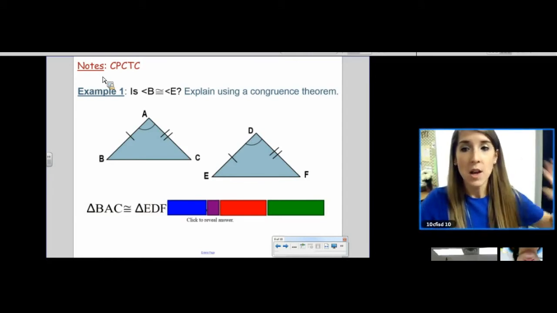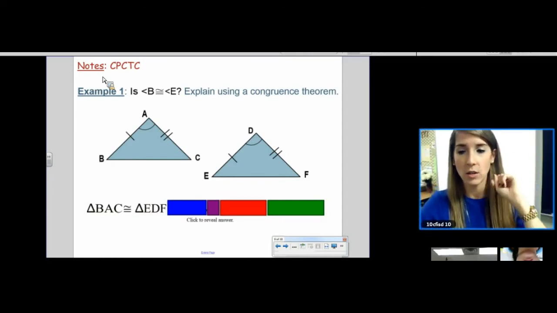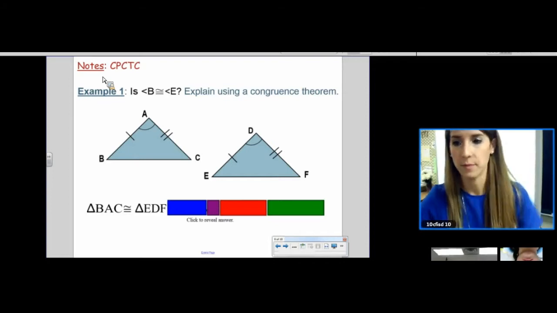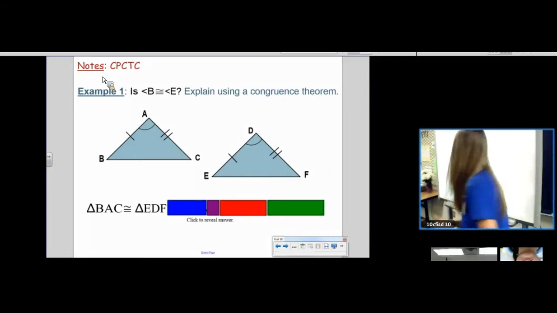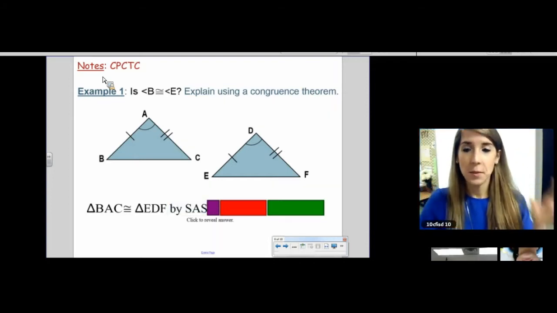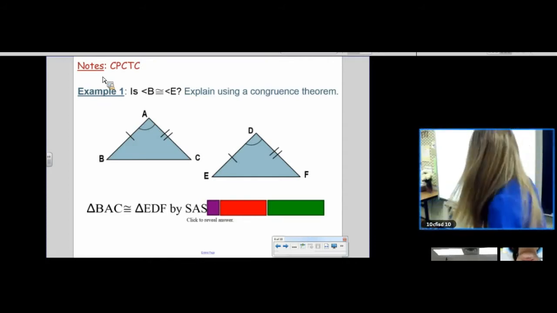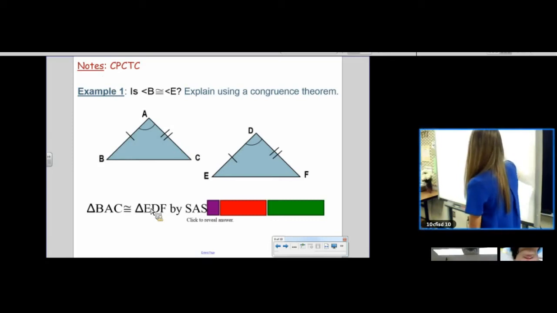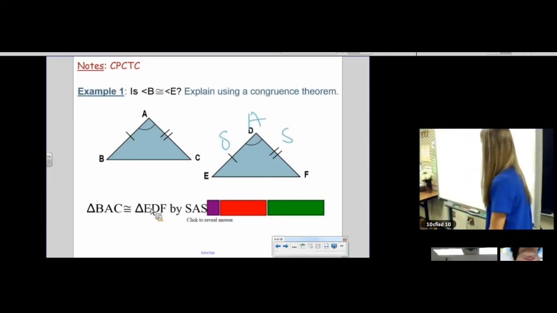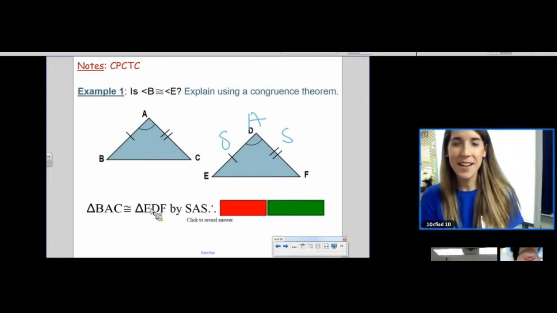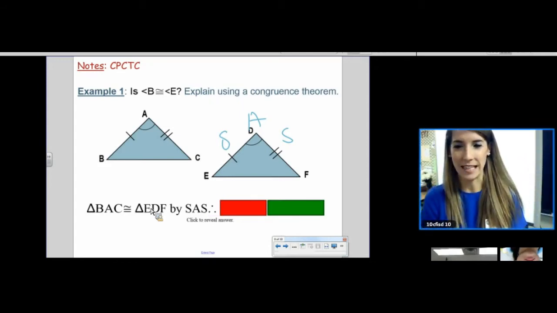We make a statement: triangle BAC is congruent to triangle EDF. Then we say why. So we say that they're congruent and we say what shortcut we used. We used side angle side. That was our shortcut. Then we say this. Does anyone know what those 3 dots mean?